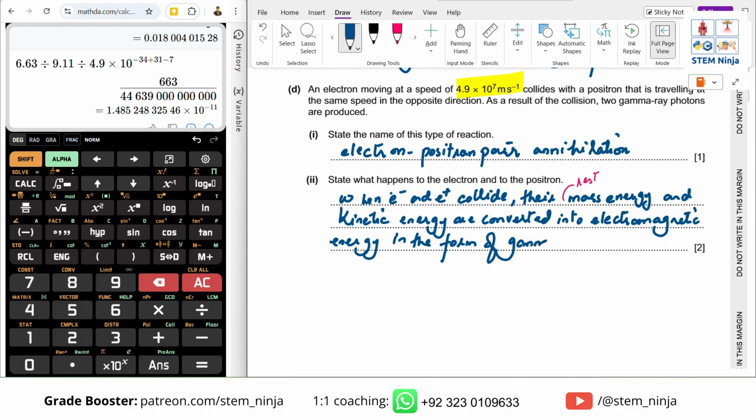Two gamma photons, or even if you write plural photons, that is fine.